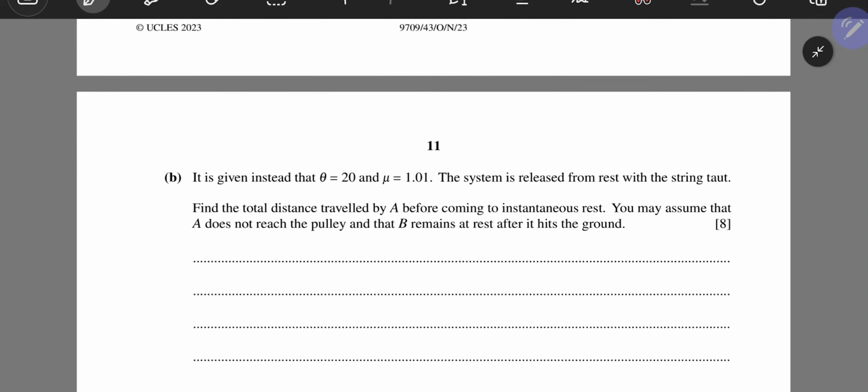Moving on, part B. It is given that theta is equal to 20 and mu is still 1.01. The system is released from rest with the string taut, which means tension is still present. Find the total distance traveled by A before coming to instantaneous rest. You may assume that A does not reach the pulley and that B remains at rest after it hits the ground.